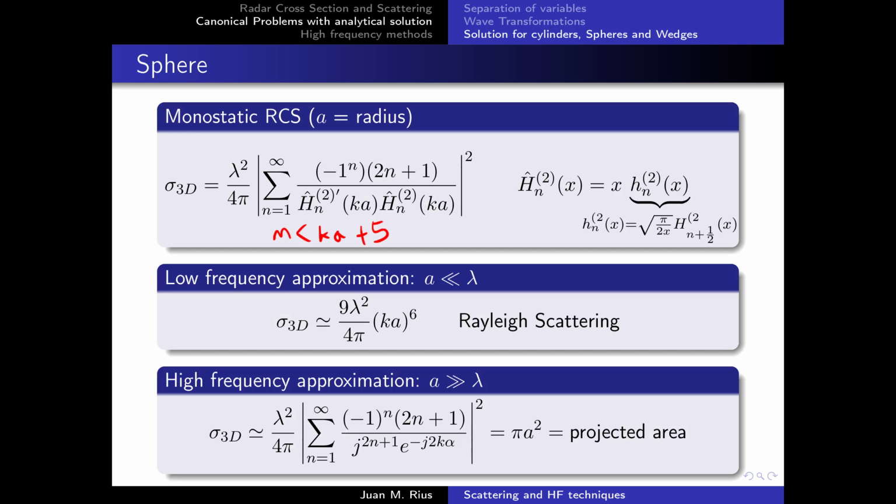This is what we observe here in the low frequency approximation. This is called Rayleigh scattering, the scattering of particles that are very small compared to lambda.